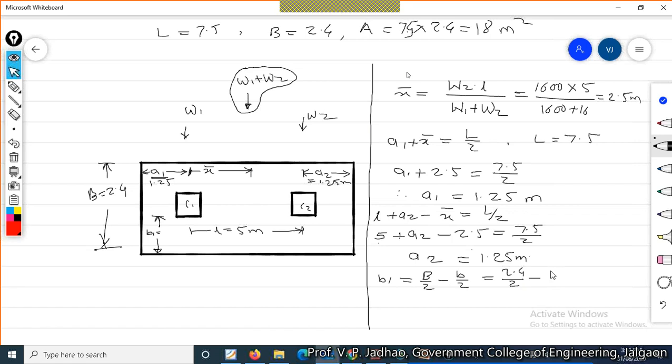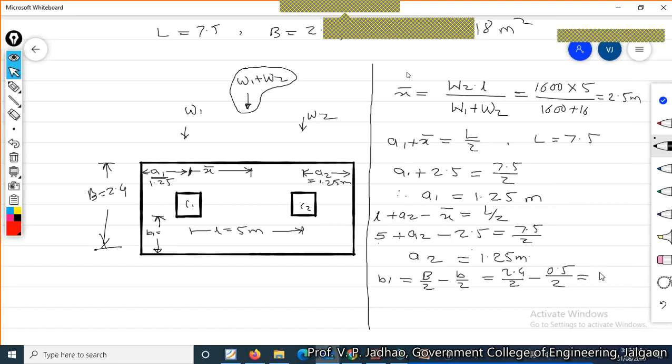Small b is 0.5 meter or 500 mm, our width of column. So b1 will be equal to 0.95.